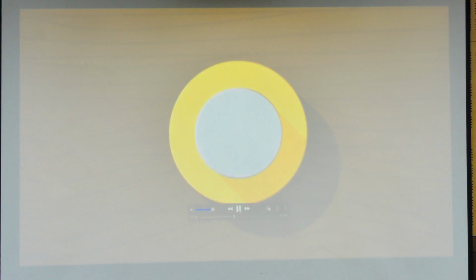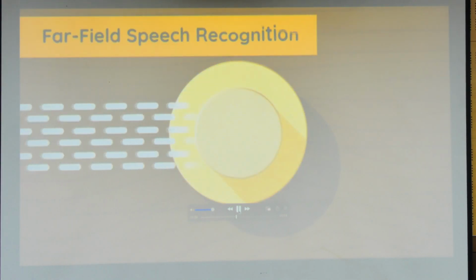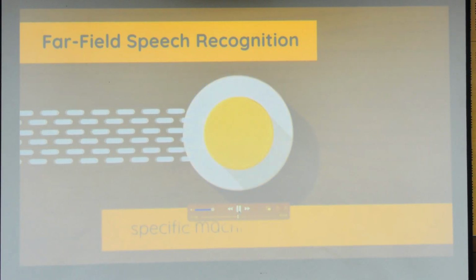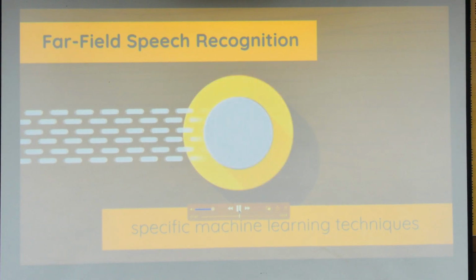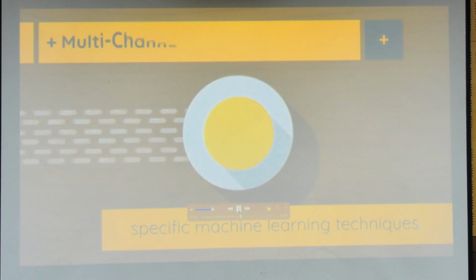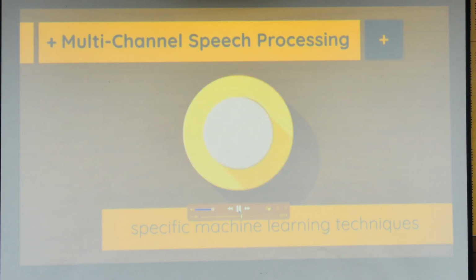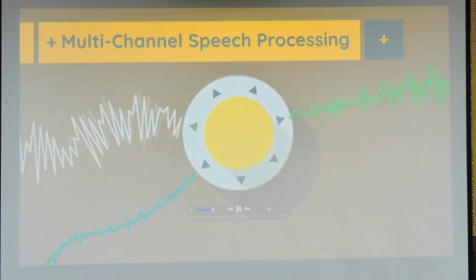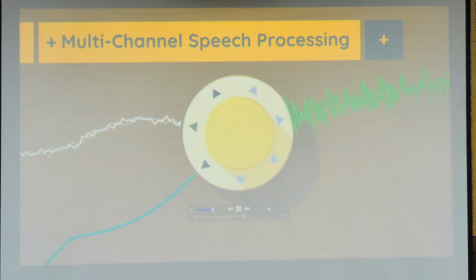For devices like Amazon Echo and Google Home to successfully analyze complex speech waves and determine the embedded command, they use far-field speech recognition, whereby signal processing engineers conduct specific machine learning techniques. Far-field speech recognition can be enhanced in two ways. The first is multi-channel speech processing, which uses multiple microphones to allow signals to be enhanced from some directions and suppressed from others.